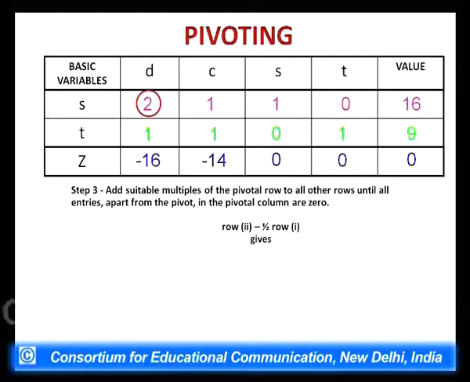Under T, if I divide 0 by 2, it is 0, and subtracting it from 1, it remains 1. Similarly, the value 16 divided by 2 becomes 8, and when 8 is subtracted from 9, it becomes 1.